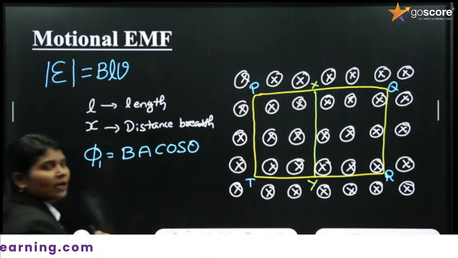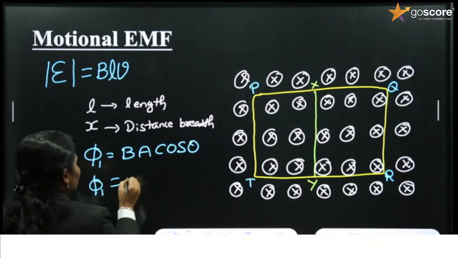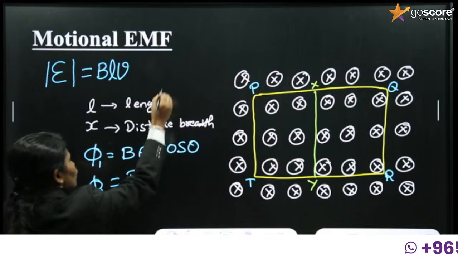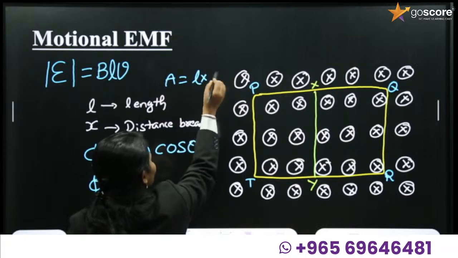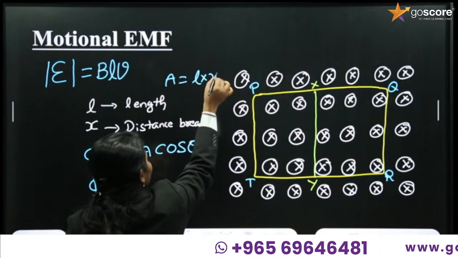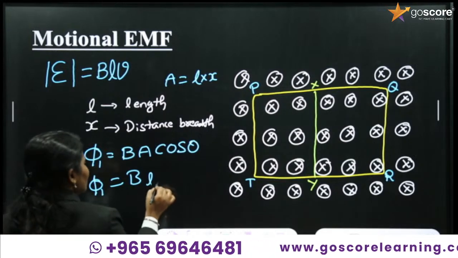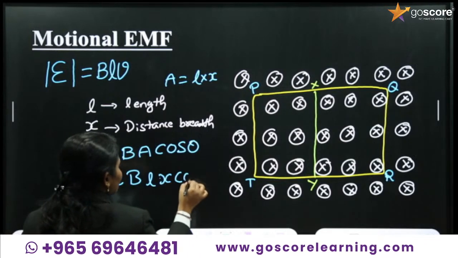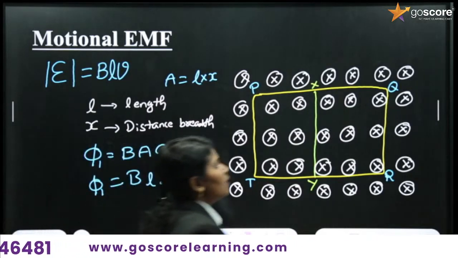Then phi 1 is equal to B into area, and we know that area is length into breadth. Here breadth is X. Then area is equal to L into X, cos theta.